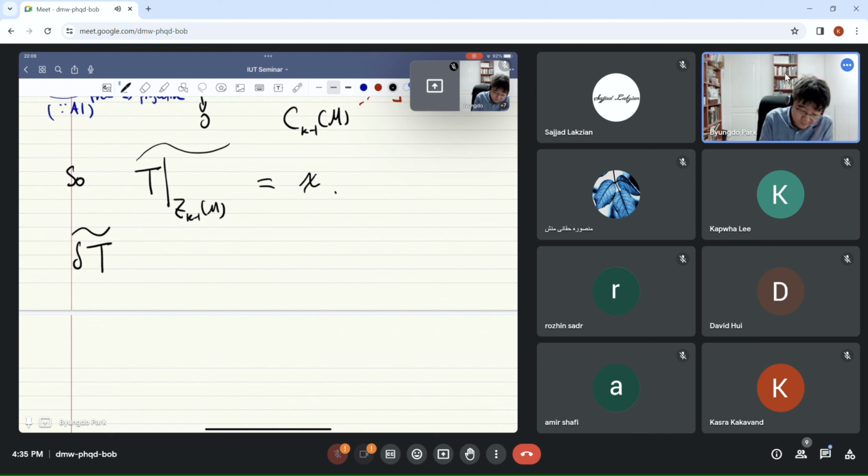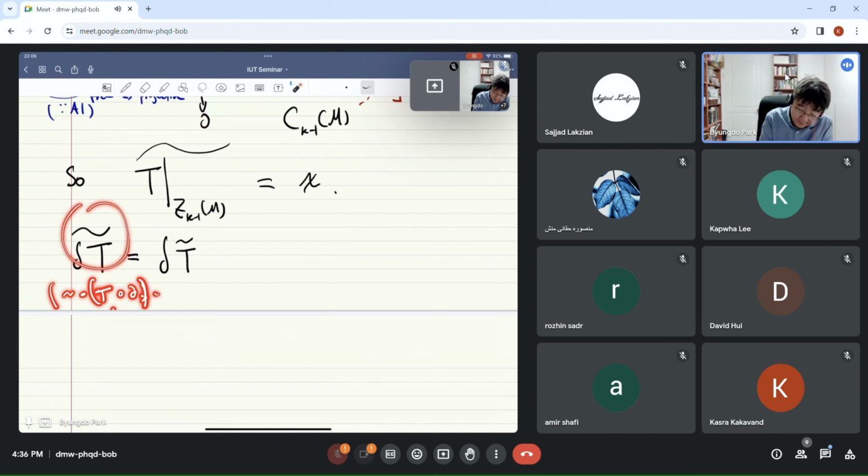Because this is the same as the co-boundary of T twiddle applied first. If you're curious why this holds, this is a composition of T and then the boundary map. If you first take parentheses here, then that is this.